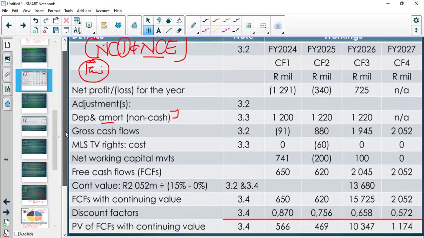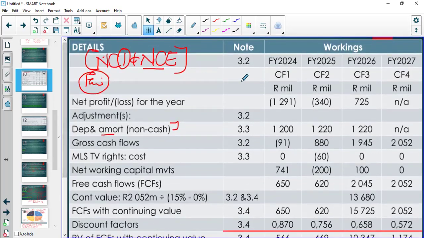Right, so let's look at here. When I looked at this, it was so irritating, you know. It was so irritating because there's a lot of mistakes and you can't really make such mistakes. Right, financial year 2024, 25, 26, 27. So your current year is financial year 2024. It can be CF1. CF1 is the following year.